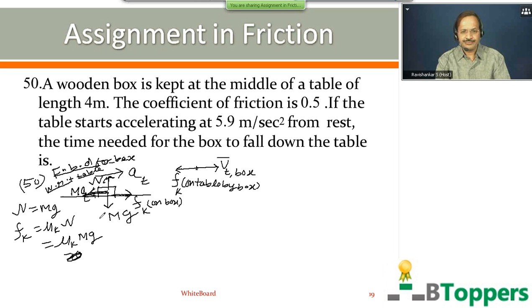So now the table is moving towards right relative to the box. With respect to the box, the table is moving towards right, or with respect to the table, you can say the box will be moving towards left side.